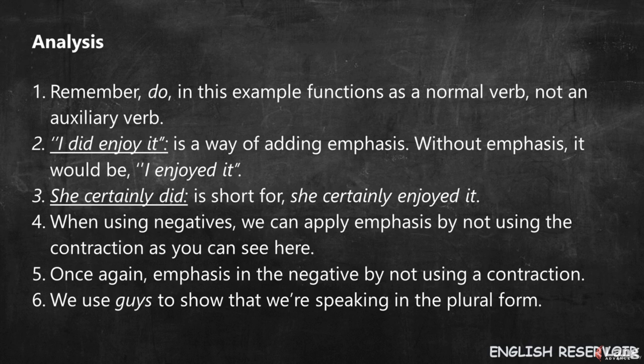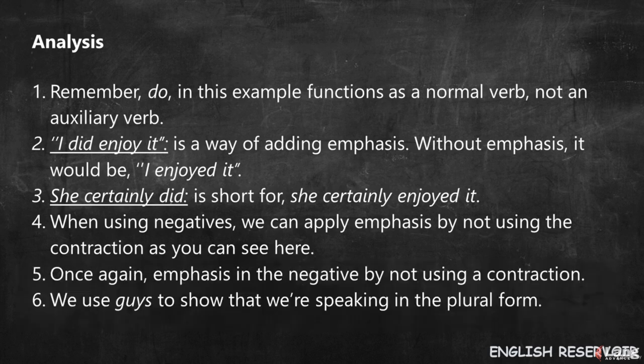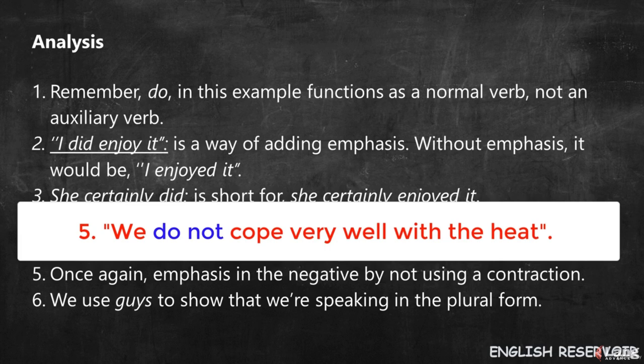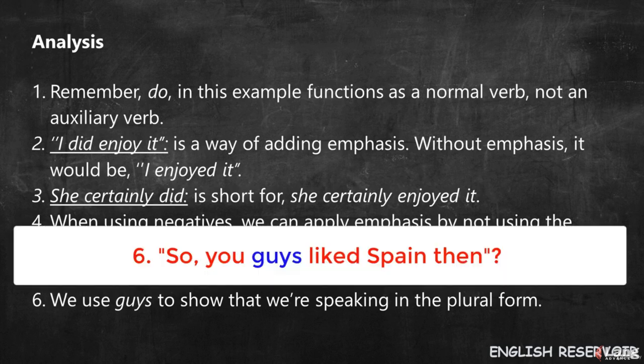She certainly did is short for she certainly enjoyed it. 4. When using negatives, we can apply emphasis by not using the contraction, as you can see here. 5. Once again, emphasis in the negative by not using a contraction. 6. We use guys to show that we're speaking in the plural form.